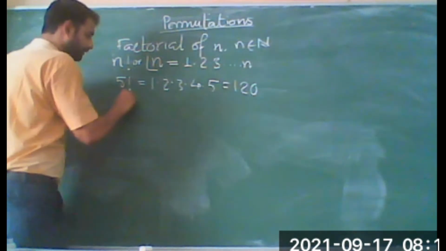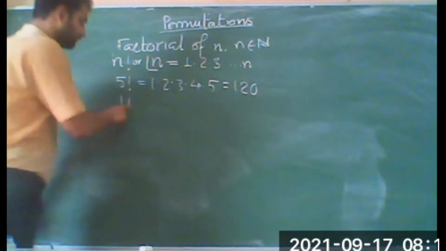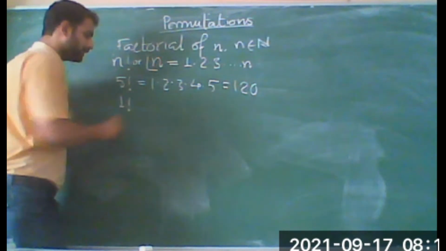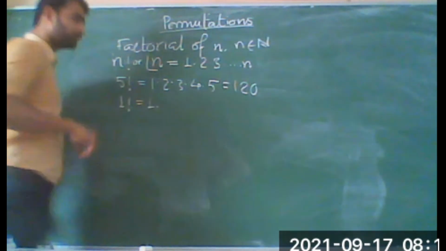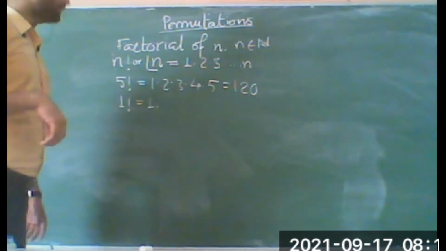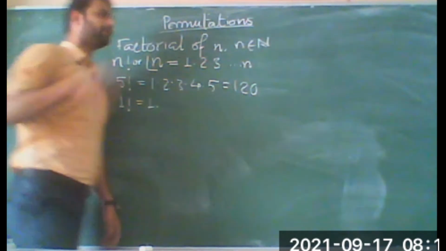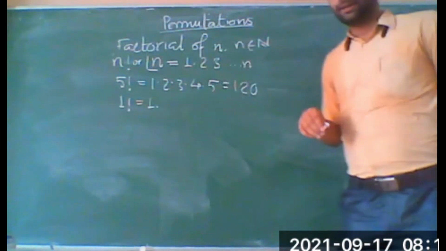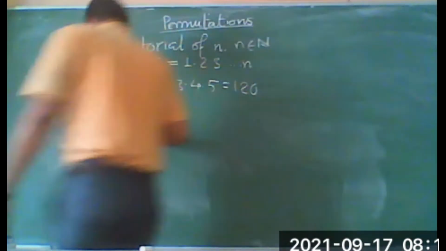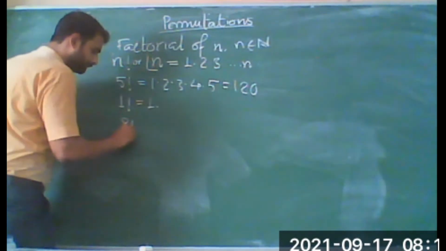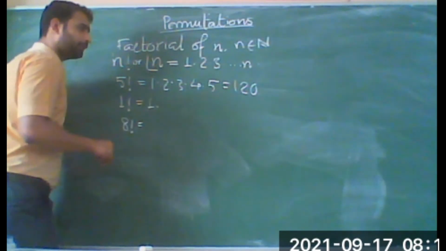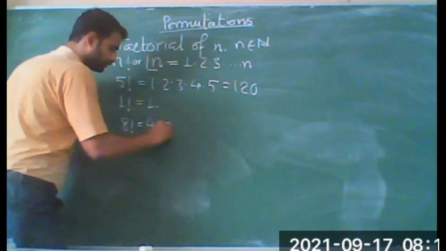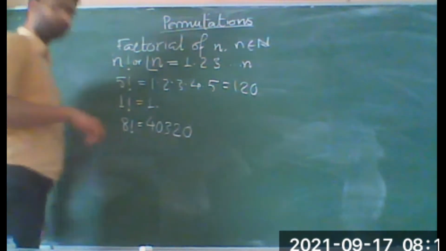What is 1 factorial? It is 1, only 1. Very clear. So this notation says that for every natural number we can find a factorial value. And 8 factorial, if you calculate, will be 40320.